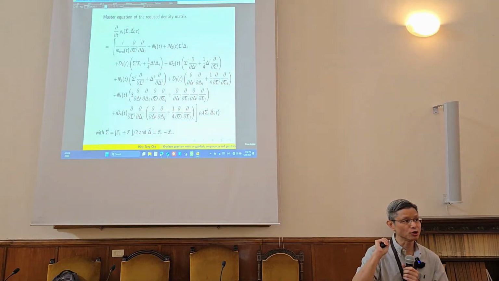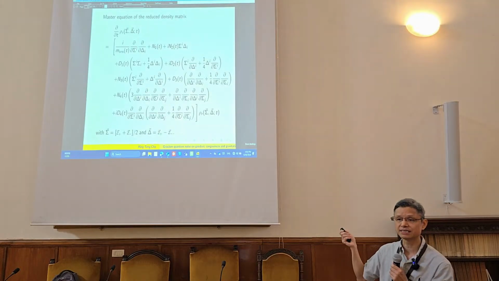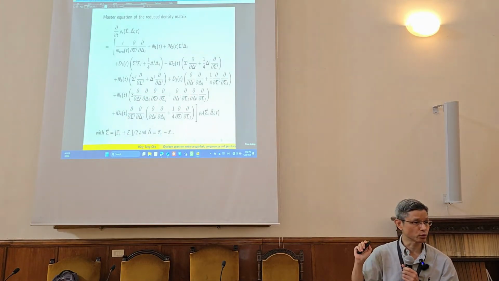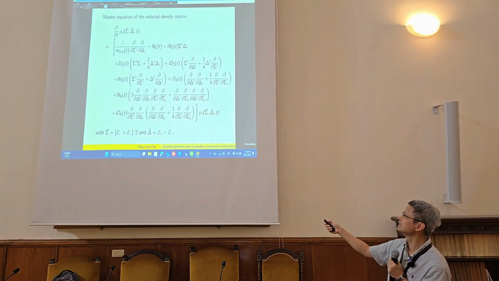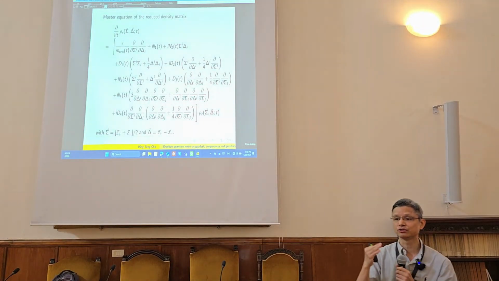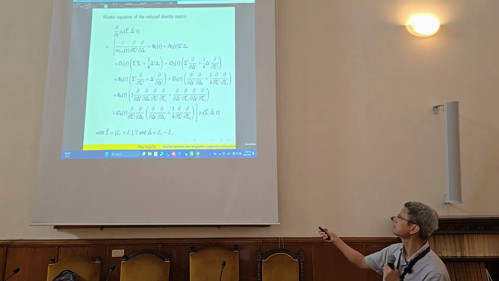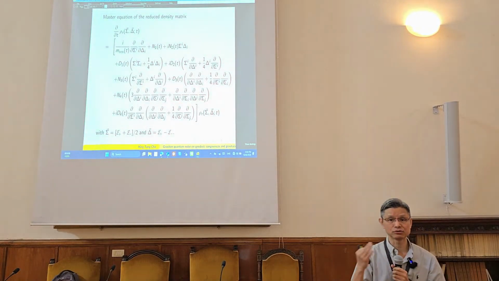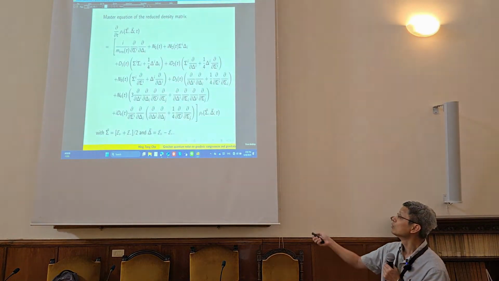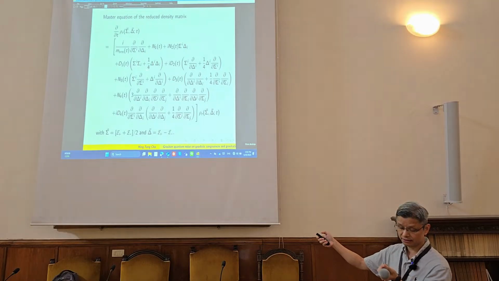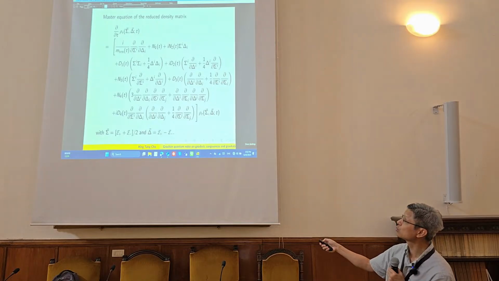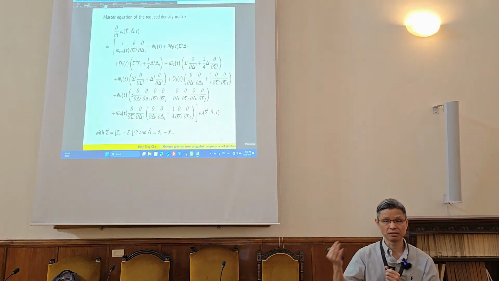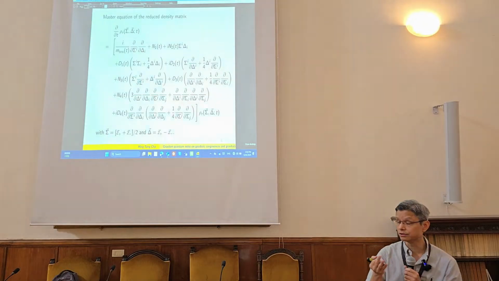In the lowest order, we arrive at this master equation, which is quadratic. You can see these terms: D1 to D4 are terms related to the dissipation kernel, and N1 to N4 are those related to the noise kernel. We have quadratic terms here, and also quadratic terms coming from the graviton interaction.